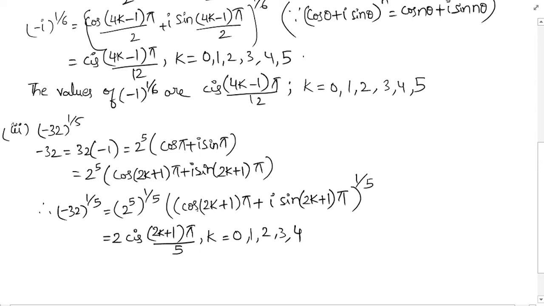So here you know that since cos theta plus i sin theta to the power n is equal to cos n theta plus i sin n theta. Okay.